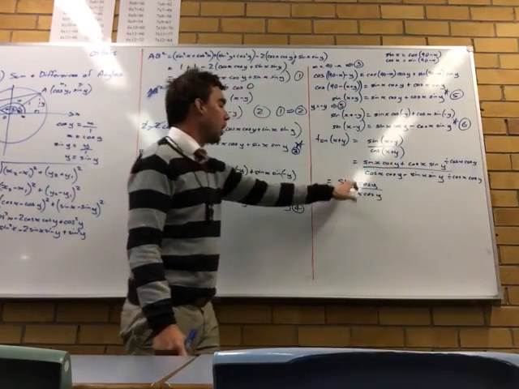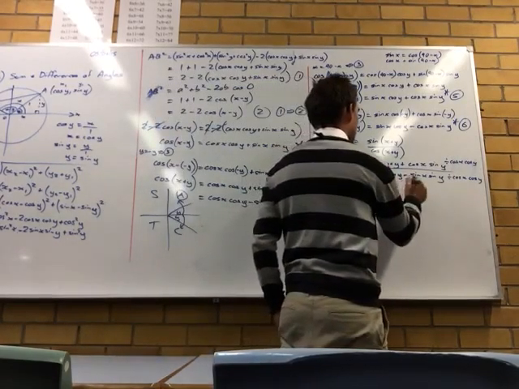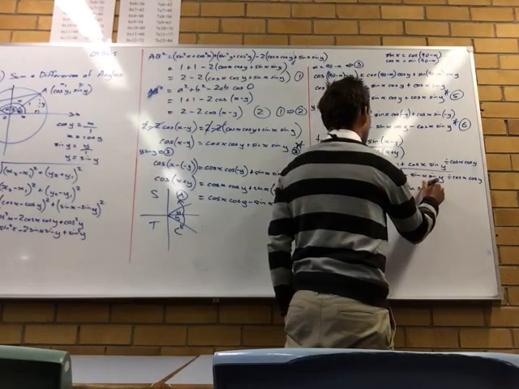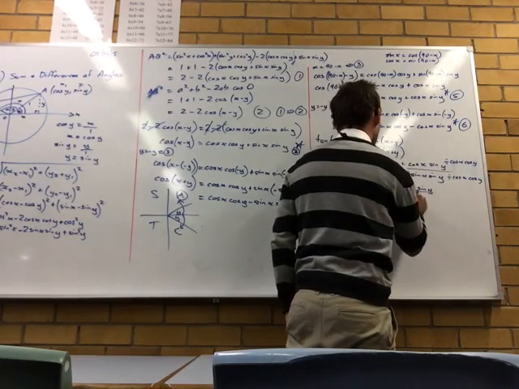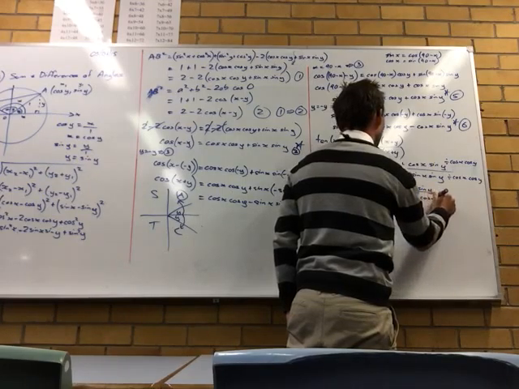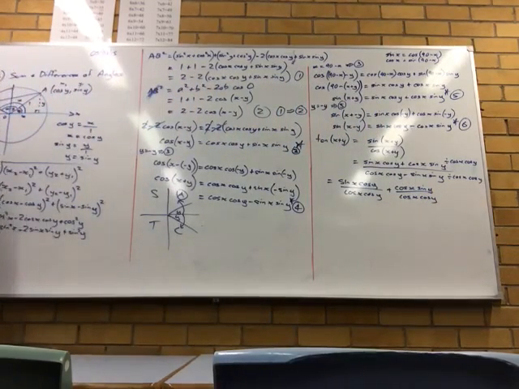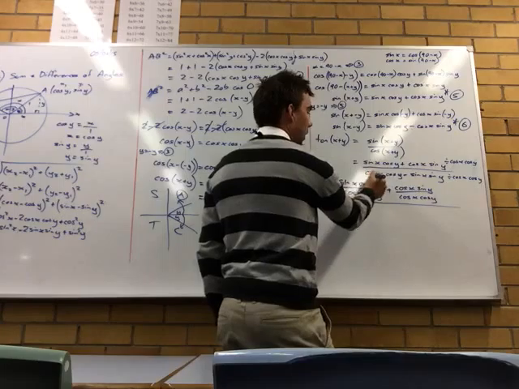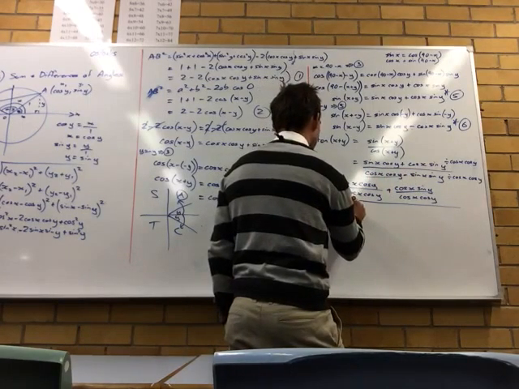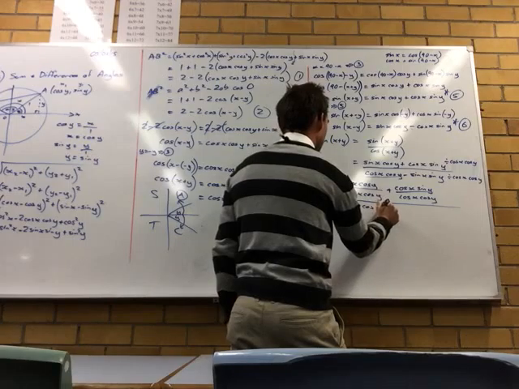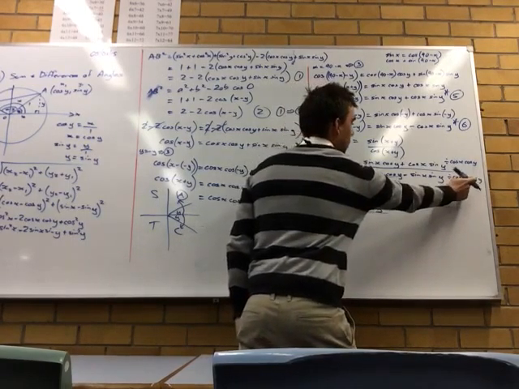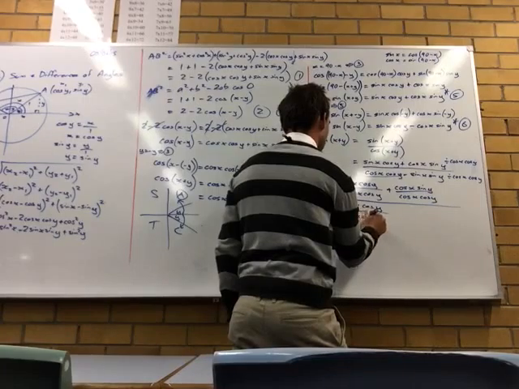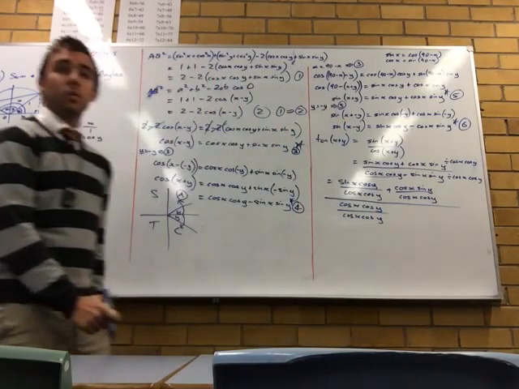So I've got sin x cos y over cos x cos y plus cos x sin y over cos x cos y, all over that main fraction bar, now this section, cos x cos y over what I'm dividing by, cos x cos y, and you'll be able to simplify that.